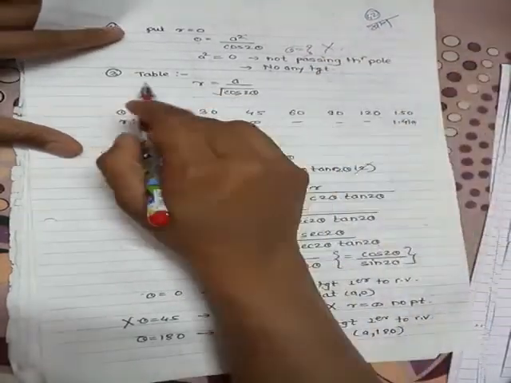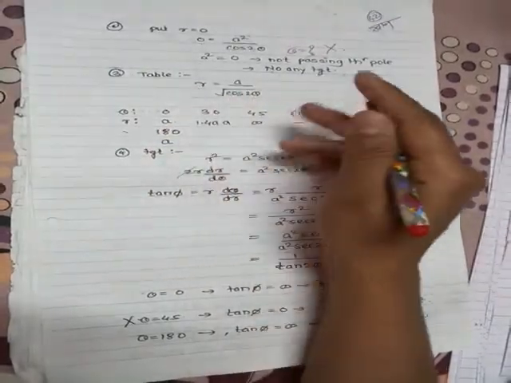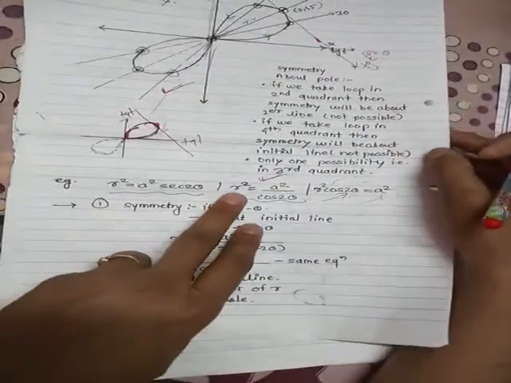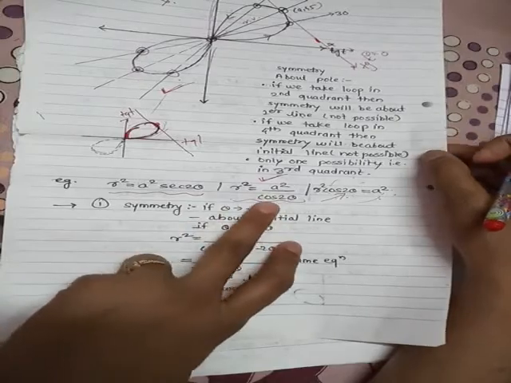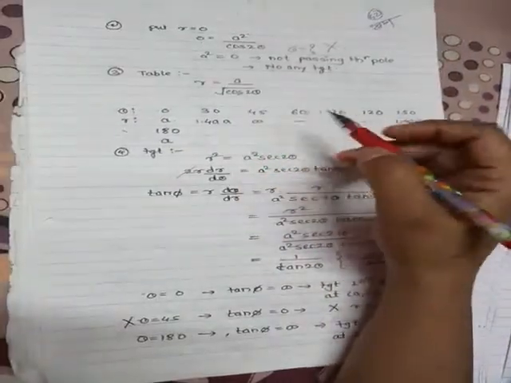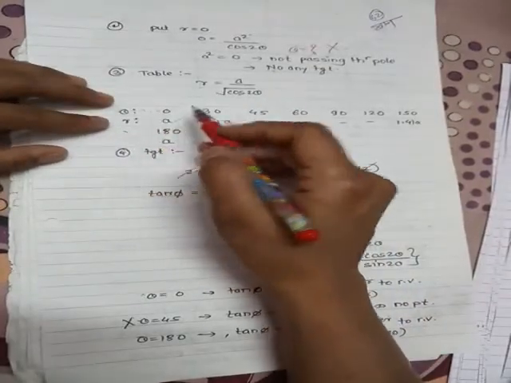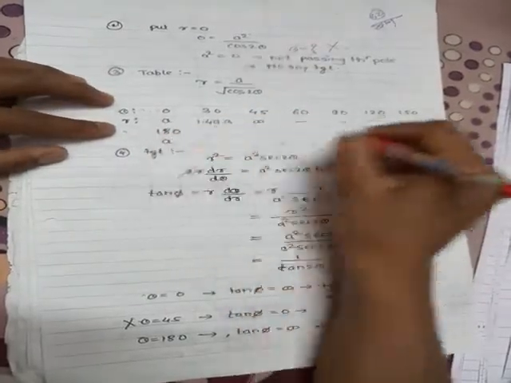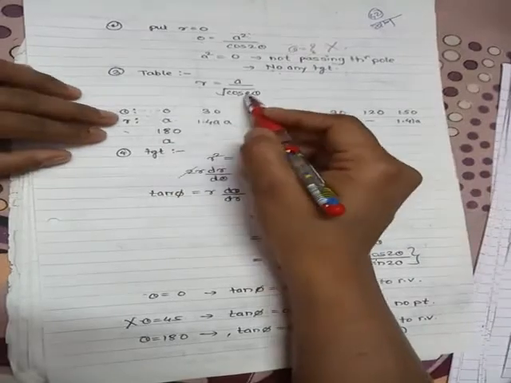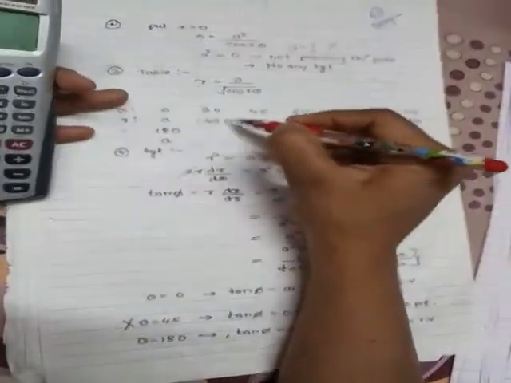Next is the table. For that we want r. So take the square root on both sides. r equal to a upon square root of cos 2 theta. Now symmetry is about all the points, so we have to take the angle 0 to 180. So these are your angles. Put the angle here, and write this a as it is.